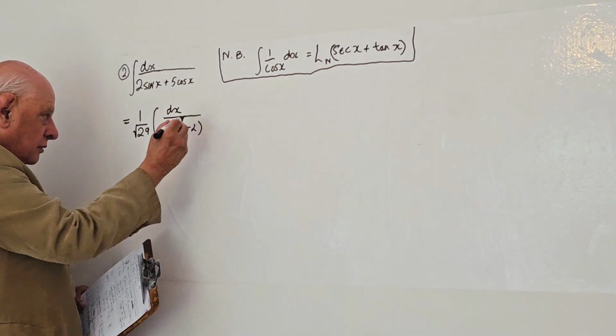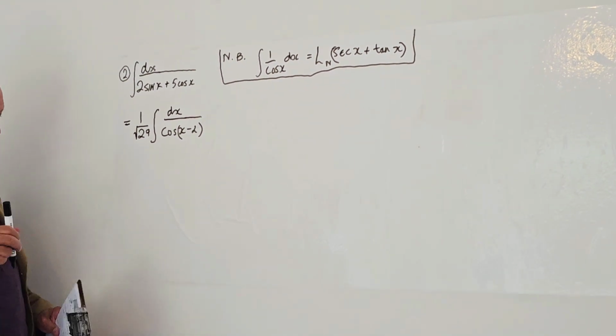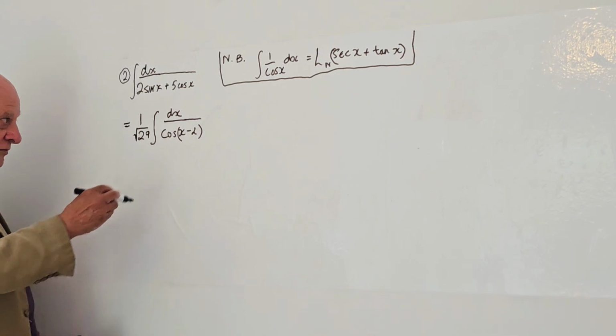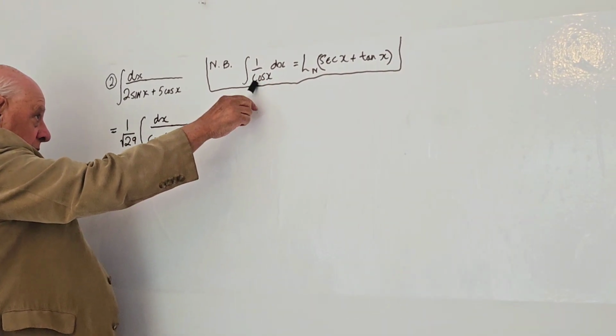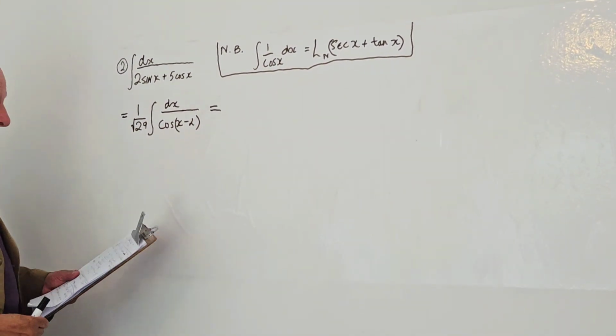And before you start throwing things at your video screen, I will explain how I've done that in just a moment. But now you see this is virtually the same as that, and we can write down our answer almost straight away.